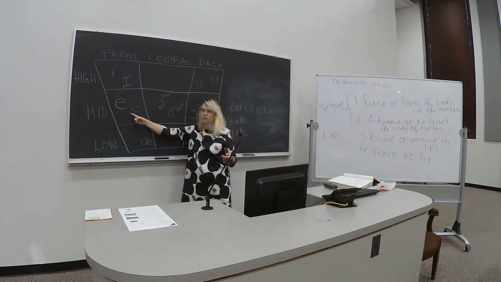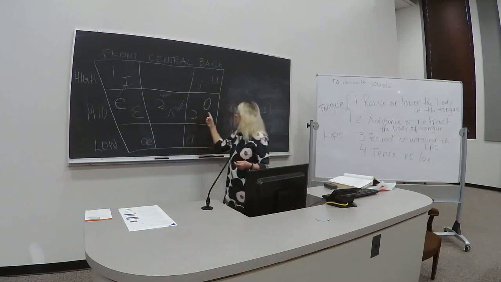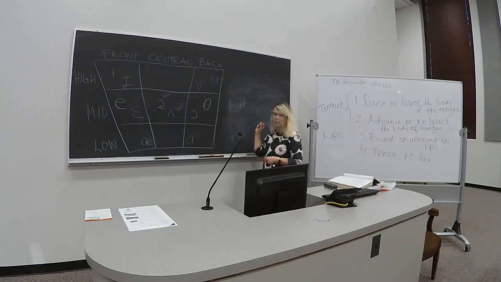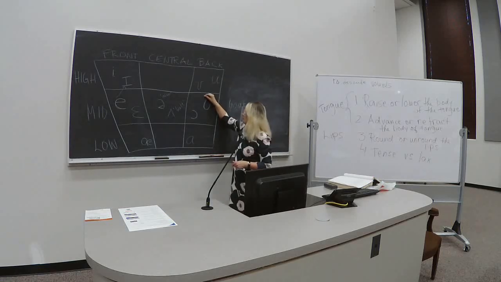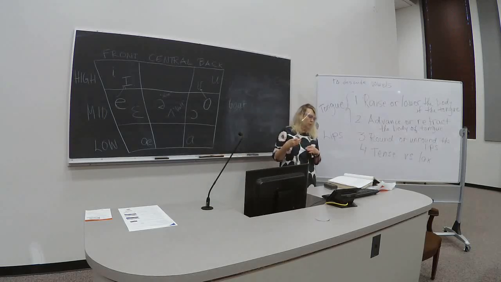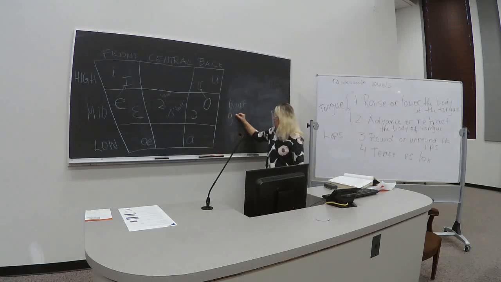The A is diphthongized in present-day English, and so is the O. So we don't say "bought". How do we pronounce this word? Boat. So from here, there is this diphthongization to U. So it's a combination of O and U. Boat, and we don't say "go", we say "go".